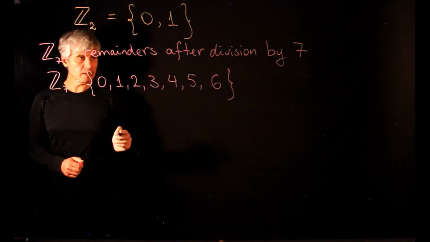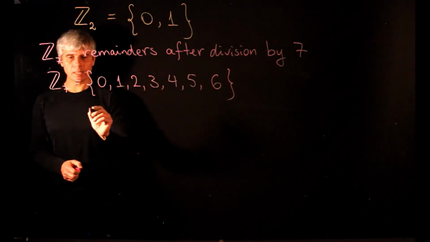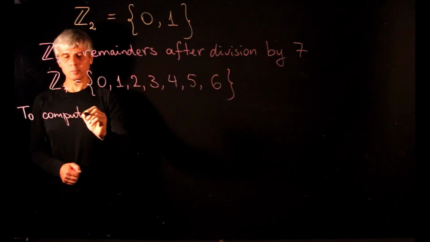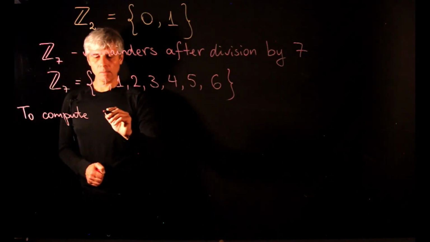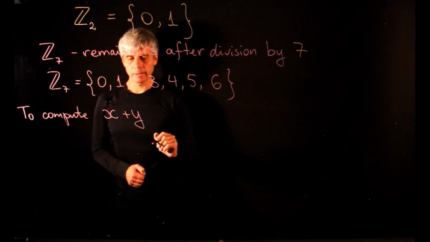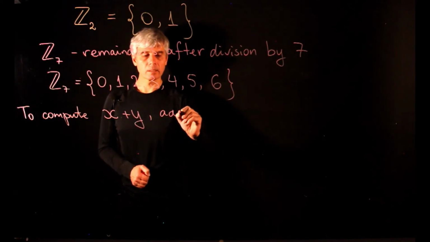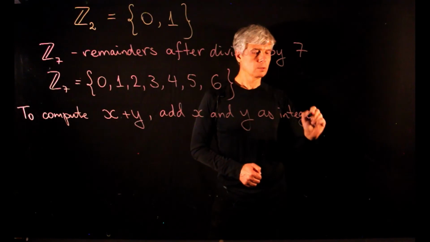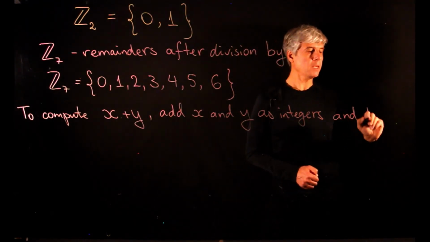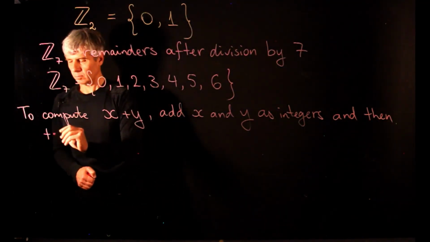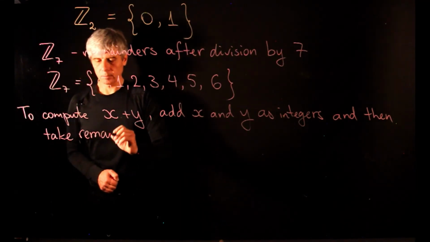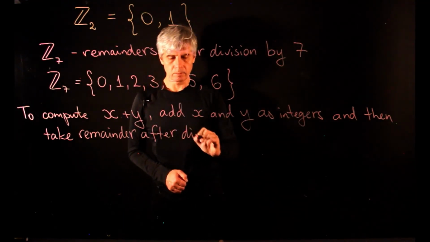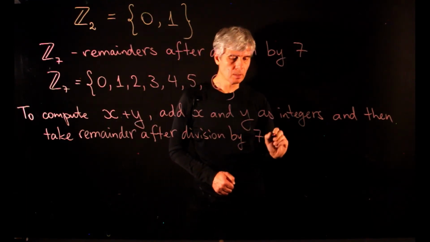And so basically, to define addition, to compute x plus y, add x and y as integers, and then take the remainder after division by 7 of the result.